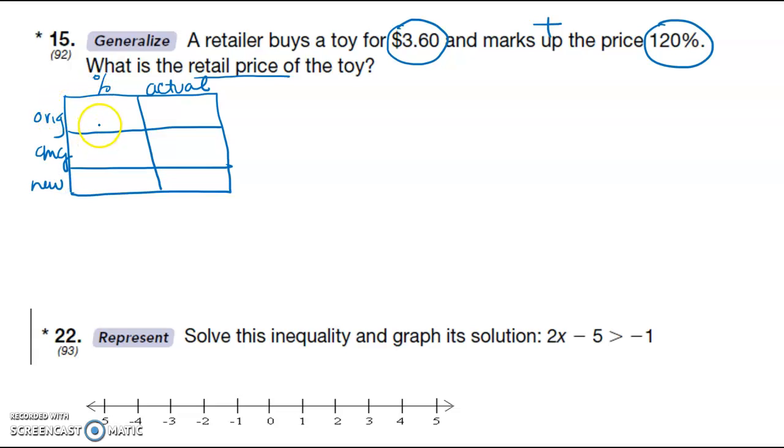And we know in the original change new ratio box we start with 100%. This says that they marked it up 120% so that our new percentage is 220%. The retailer buys the toy for $3.60 and the question is asking what is the retail price. So we're going to use this row and this row to make our proportion.